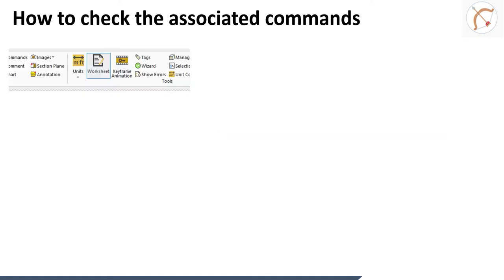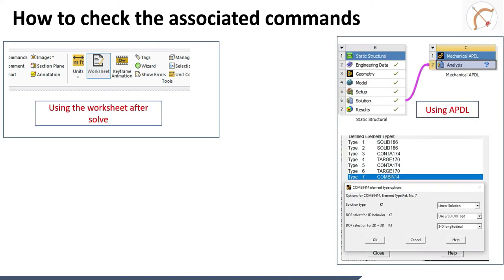Next, suppose we want to check what the associated commands are that get used whenever we define any type of spring in the GUI. For that, there are different options. First, after solving the model, we can use the worksheet view. Next is using APDL.